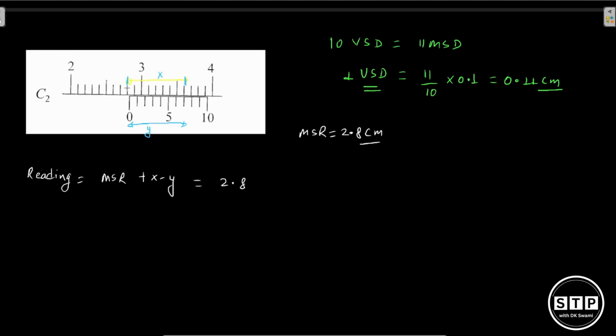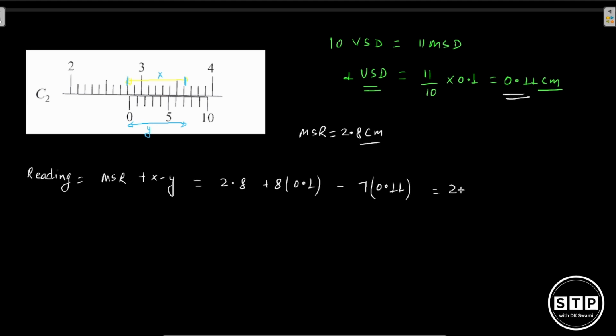Now x is this much total length, and in this length there are 1, 2, 3, 4, 5, 6, 7, 8 main scale divisions. So x is 8 multiplied by 1 MSD, and 1 MSD is 0.1. Next, minus this length y. How many vernier scale divisions are there? 1, 2, 3, 4, 5, 6, 7. So 7 vernier scale divisions, and 1 vernier scale division is 0.11 centimeter.